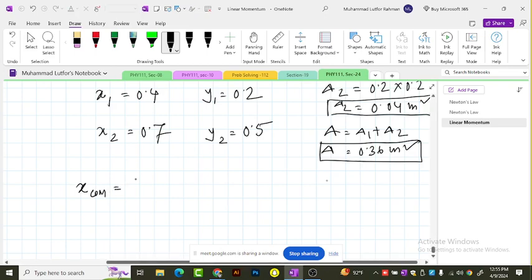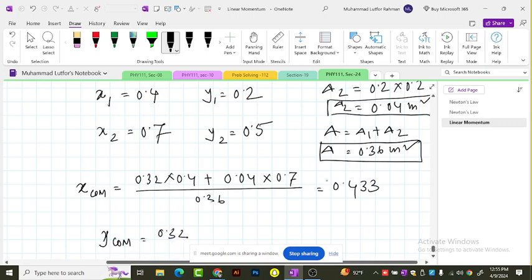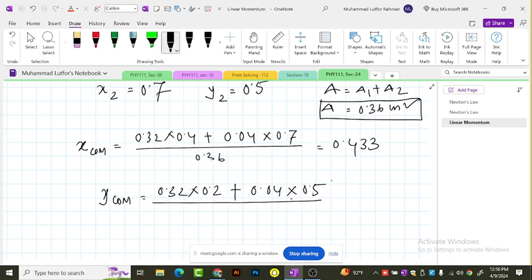Xcom should be a1, which is 0.32, into x1, which is 0.4, plus a2, which is 0.04, into x2, which is 0.7, divided by the total area, which is 0.36, and that will give you 0.433, and the ycom should be 0.32 into y1, which is 0.2, plus 0.04, which is a2, into y2, which is 0.5, divided by 0.36.